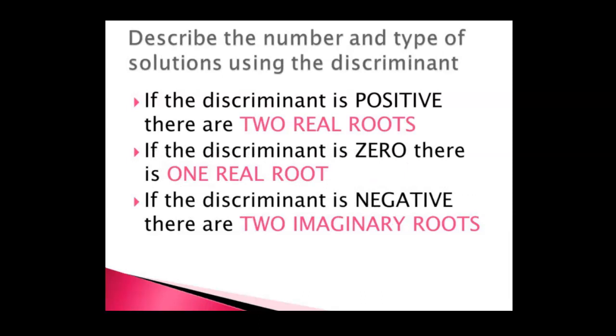So as I was getting into, if a discriminant is positive, then we have 2 real roots. If a discriminant is 0, then we have 1 real root. And if a discriminant is negative, then we have 2 imaginary roots.